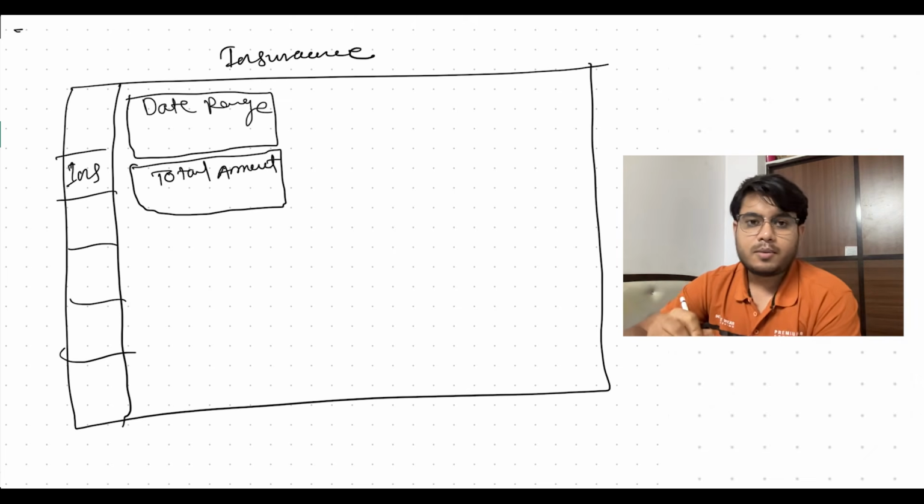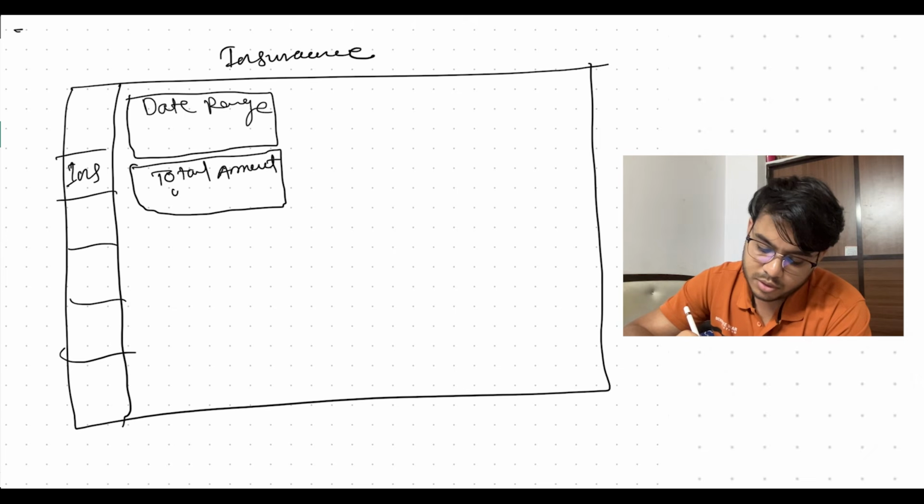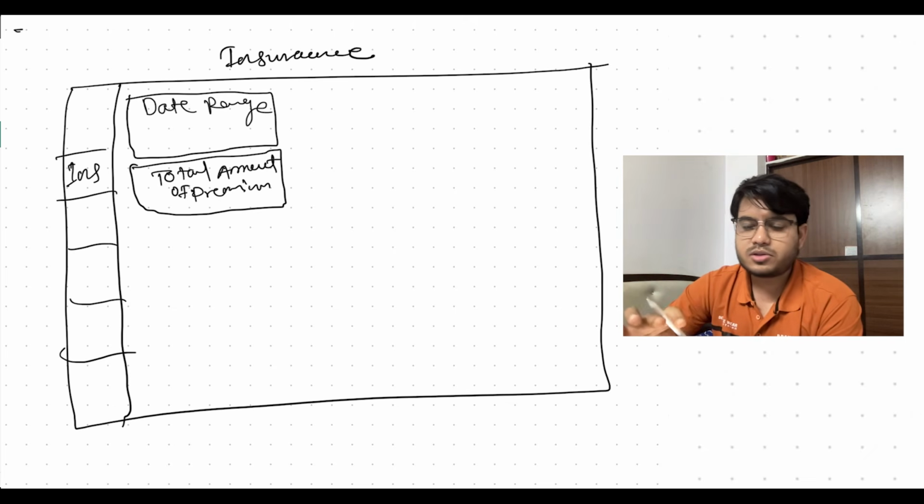You can add total transactions also, but I am adding the total amount of premium. Premium means the cost of that insurance, the monthly payment.